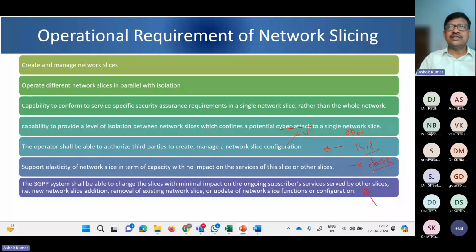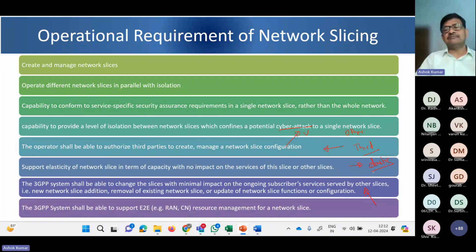The effect of the new configuration should take place once all calls are terminated. And finally, the slices should be end-to-end. So these were operational requirements as talked about by 3GPP, in the particular document which I showed.